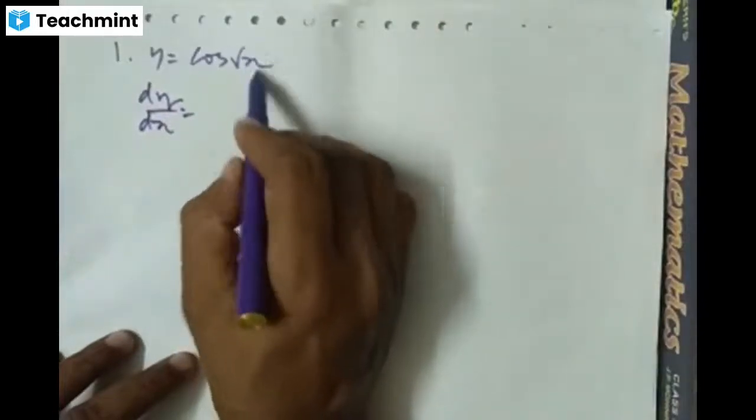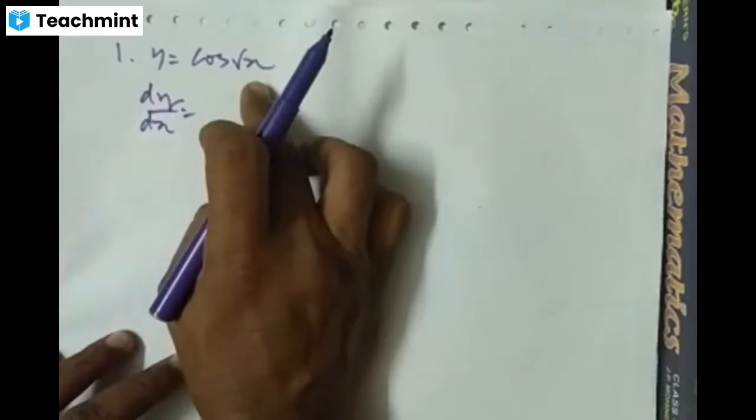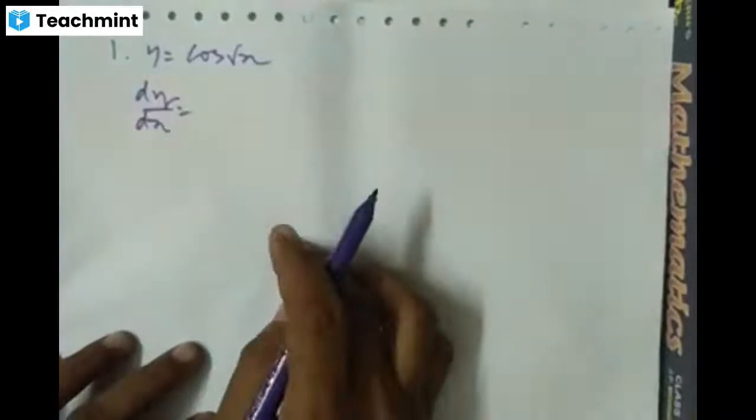First assume that root x is u. So this becomes cos u. What is the derivative of cos u with respect to u? I am using chain rule here indirectly. Or you just assume root x as x. What is the derivative of cos x? Minus sin x, right?